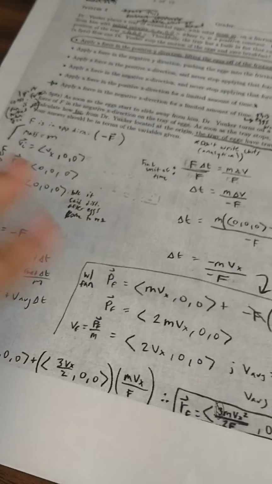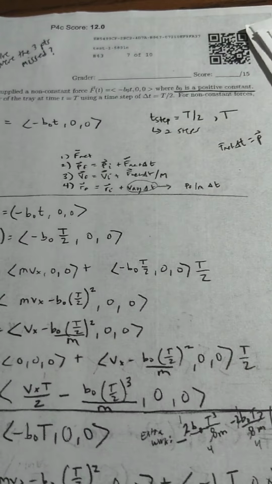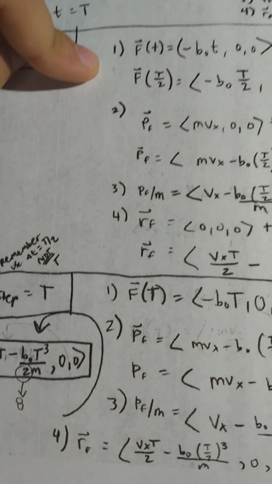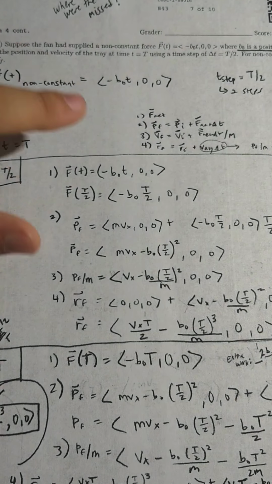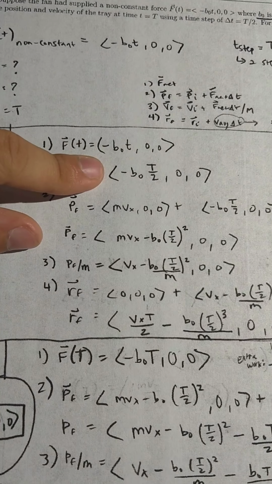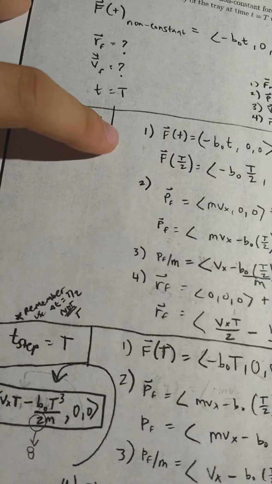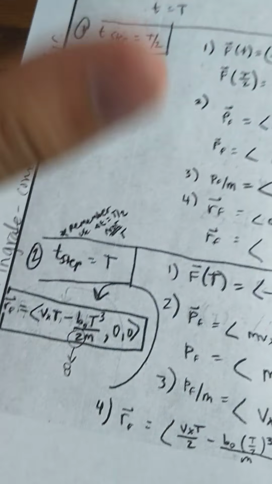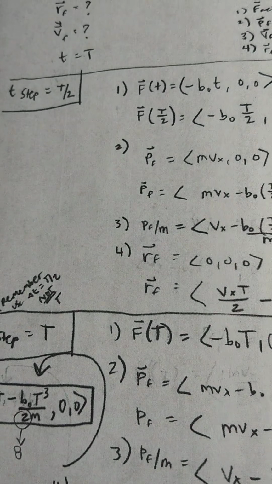So that was a conceptual issue on my part. And also, I had done a practice problem, like number 4, before the test, and I forgot that for the first step, you're supposed to use 0 and not the t over 2. So, yeah, that's why that one was wrong.